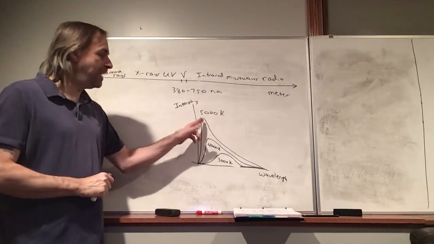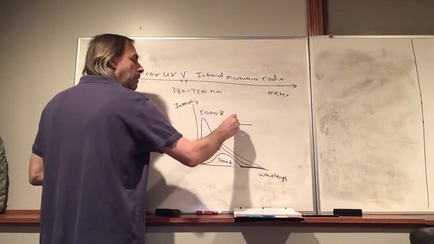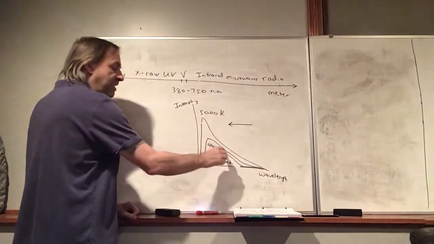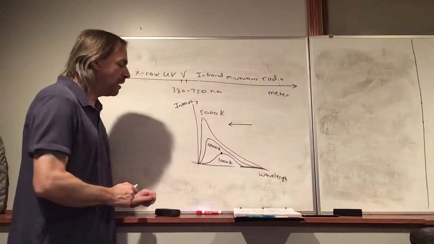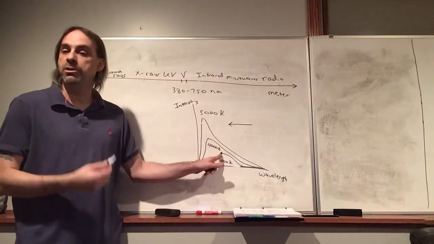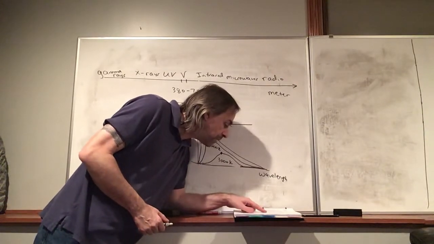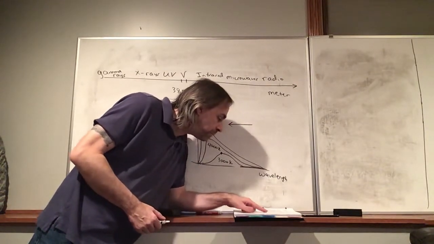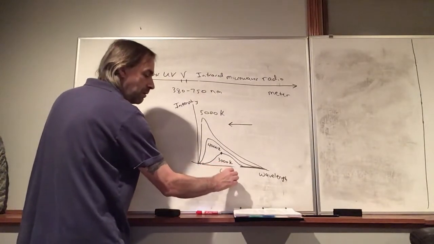But you look at the peak as well. When the temperature increases, this is the peak wavelength. This object at 3,000 Kelvin is emitting most of its radiation around this particular wavelength. For 3,000 Kelvin, that would be around 600 nanometers, say.